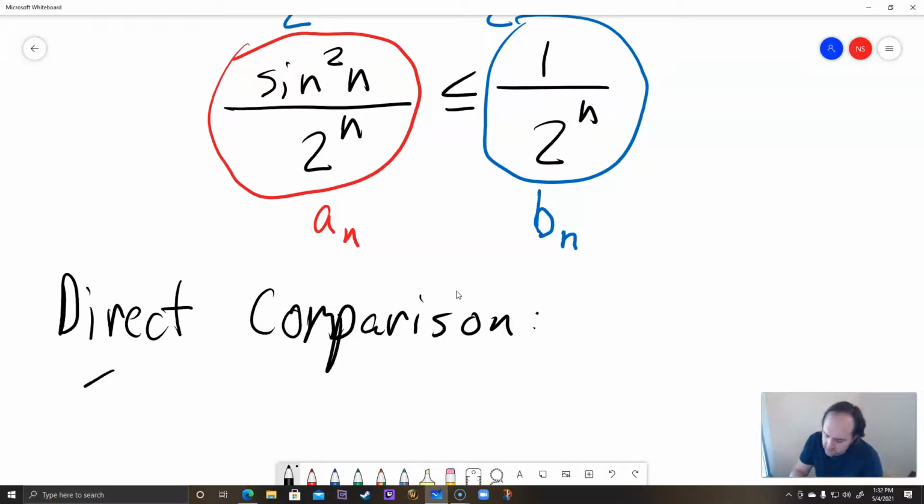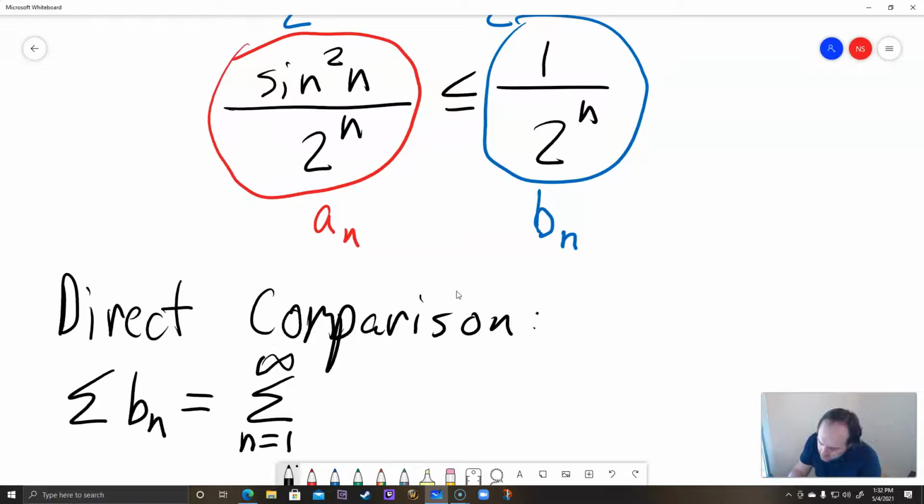The sum of b_n is equal to the sum from n equals 1 to infinity of 1 over 2 to the n. I don't know if you remember this, but this is actually a geometric series.